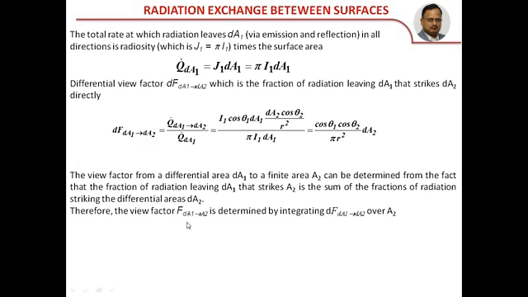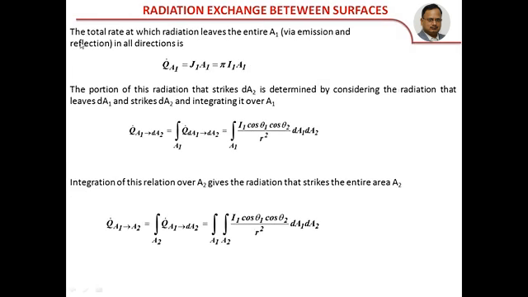Therefore, F dA1 to A2 is determined by integrating dF dA1 dA2 over A2, that is cos θ1 cos θ2 by pi r square dA2.